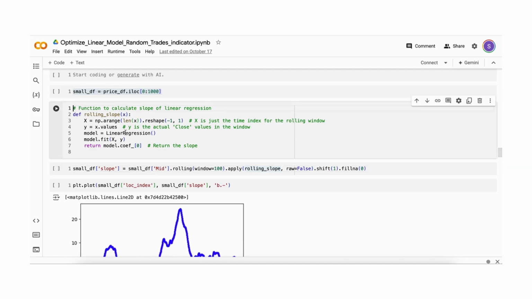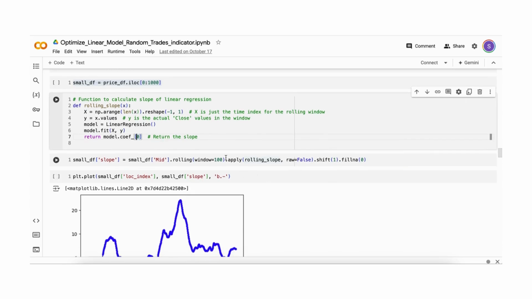We've defined this rolling slope function here, and what this function does is define the x and the y, call the linear regression model, and return the first coefficient of the linear regression, which is the slope. The second one would be the intercept.